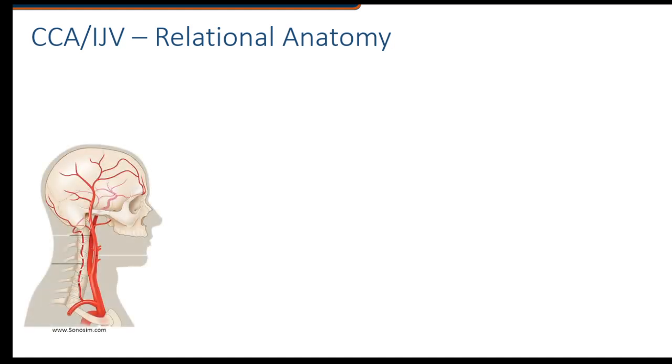So if we look at the common carotid artery, and this is very simplistic because I'm not going to get deeply into the vasculature in the way that your other lectures have. I just want to point out the relational anatomy as we move along.